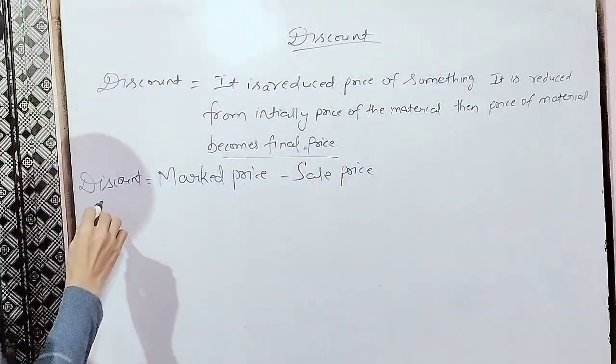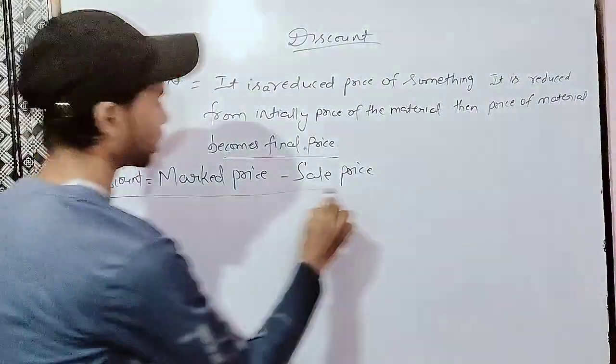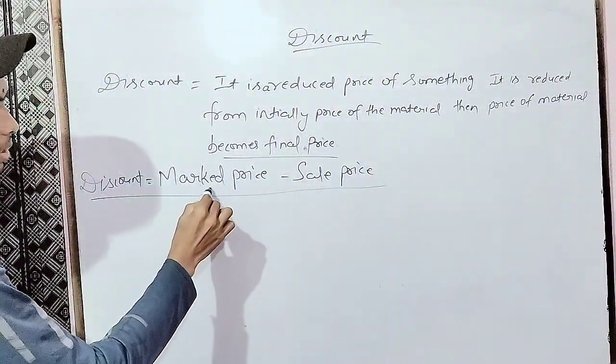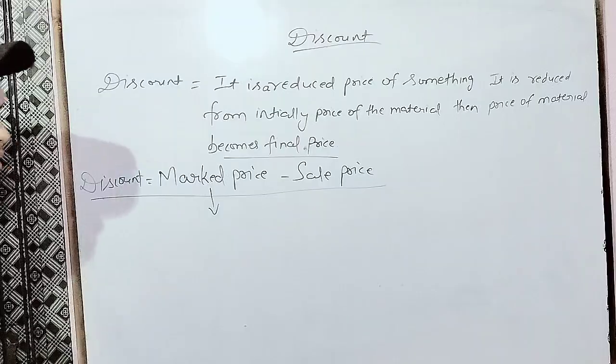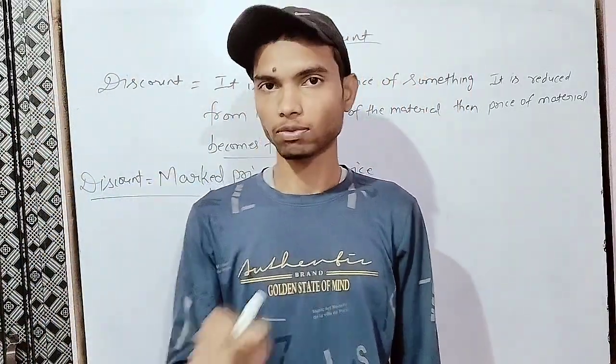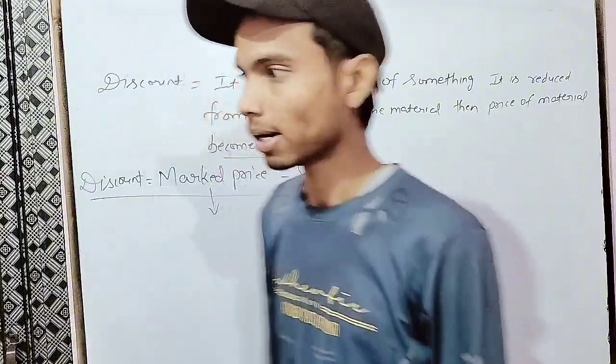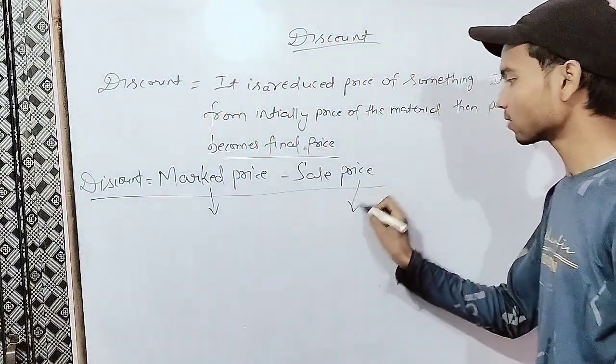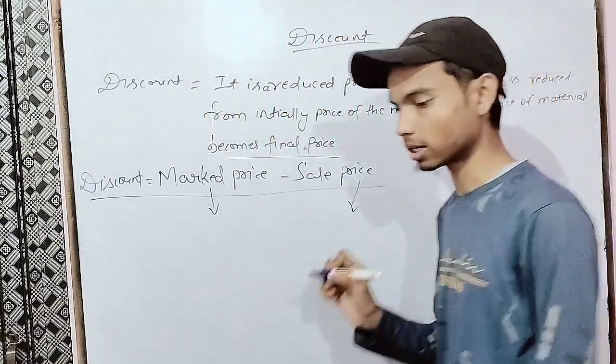Clear? This is final. So here market price is the price which is fixed for something, and the sale price is the final price.